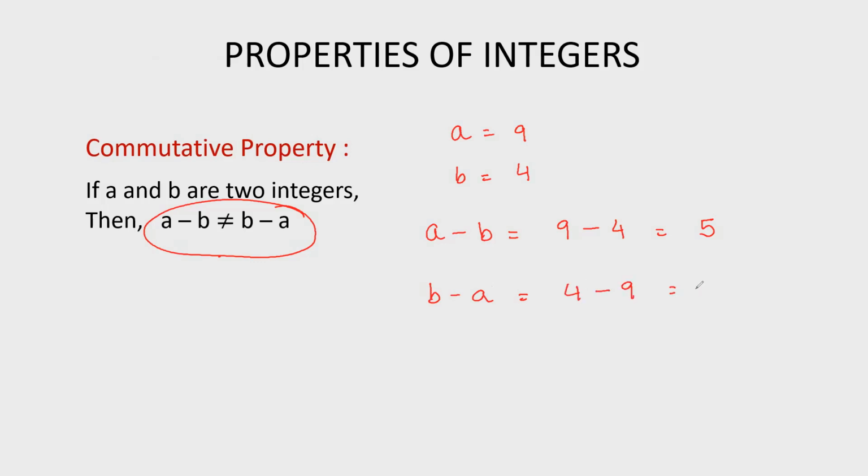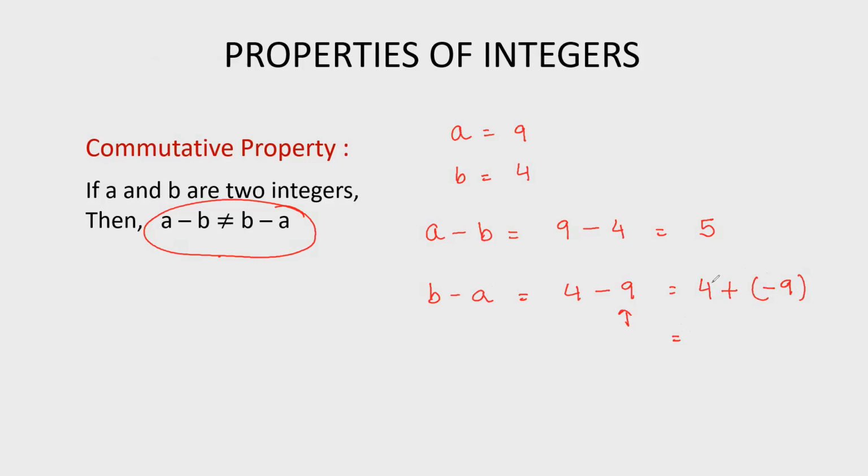How do we do this? Simply we write down 4, we put an addition sign, and take the absolute value of 9, which is minus 9. Now 4 and minus 9 are added. The rule of addition is applied: one positive, one negative.